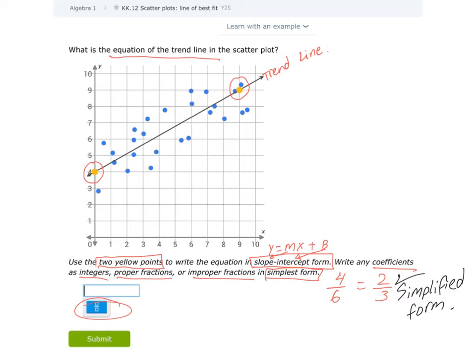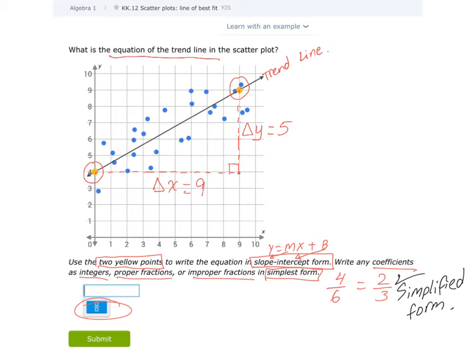So let's find the slope. The first step to find the slope is to make our right angle triangle and find delta y and delta x. From here to here, how much has it gone vertically? It's 1, 2, 3, 4, 5. So delta y is 5. Similarly, from here to here, how much has x increased or decreased? In this case, it's increasing, but it could also decrease. 1, 2, 3, 4, 5, 6, 7, 8, 9.